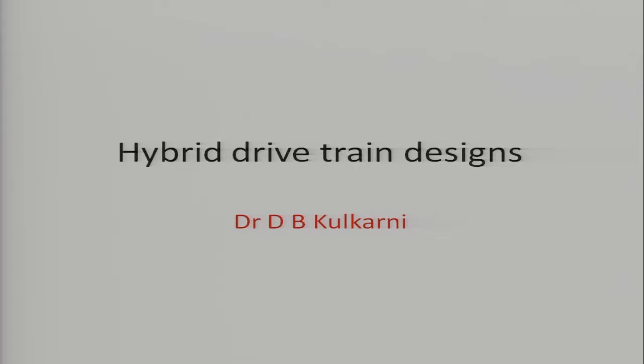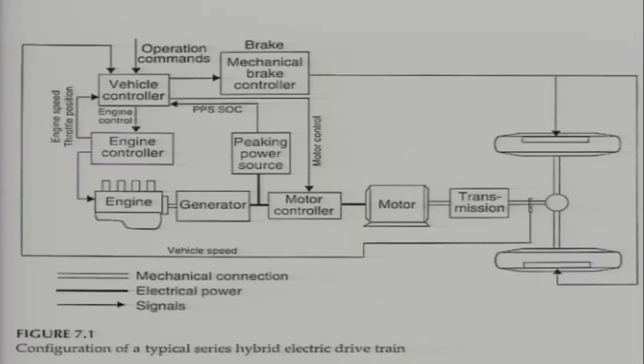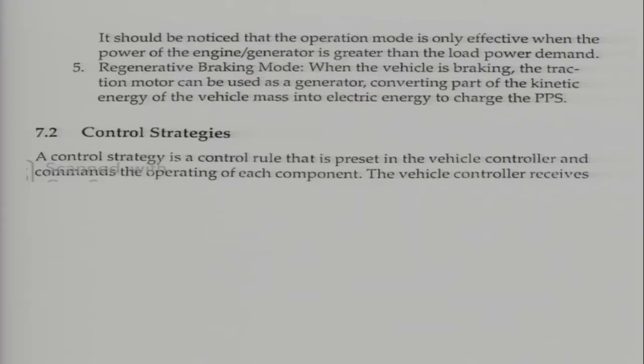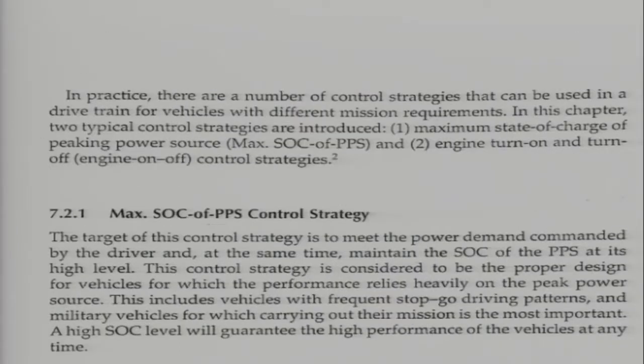We have started with the hybrid drivetrain designs, and in this part we have seen the various control strategies related with the series hybrid drivetrain. One is the maximum SOC of PPS, that is maximum state of charge of PPS control strategy.